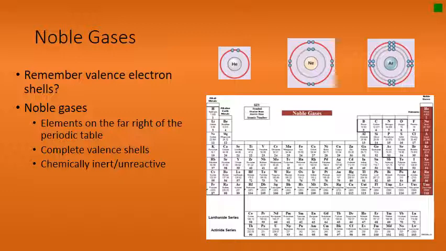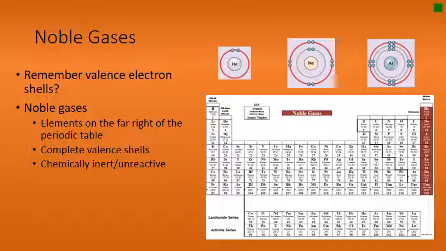That's usually with 8 electrons, but if the element is in period 1, it can only fit 2 valence electrons. And we introduced the noble gases, which were the elements in the group 8A, that rightmost column of the periodic table. They are the elements that naturally have complete or full valence shells, and it makes them chemically very unreactive.